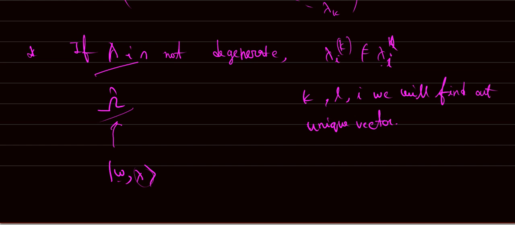So if it is degenerate, let's say only two values are the same, there is a two-dimensional eigenspace from which we can choose any two orthonormal vectors, as we saw for degeneracy.